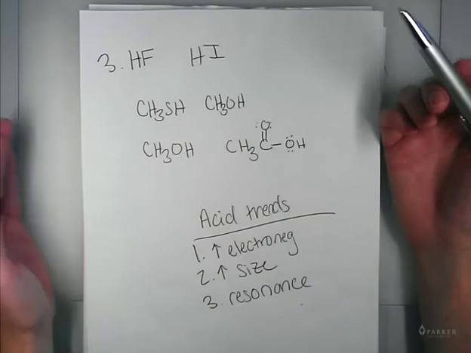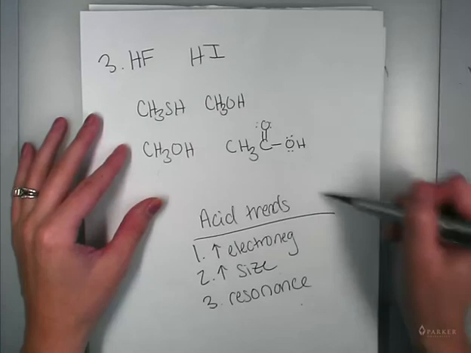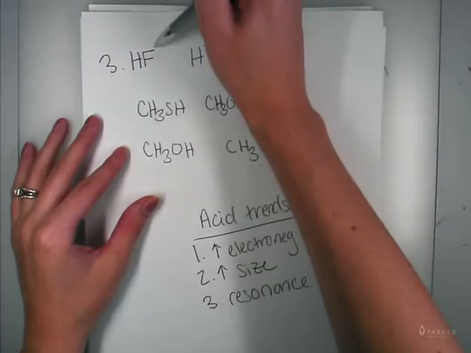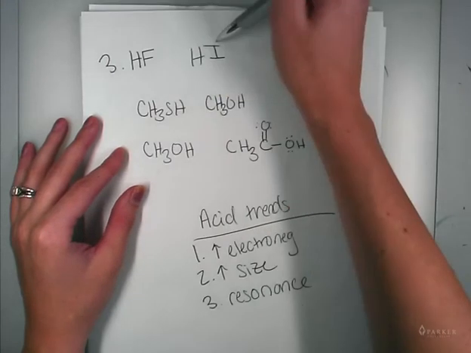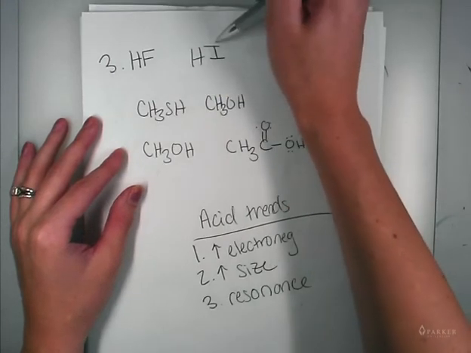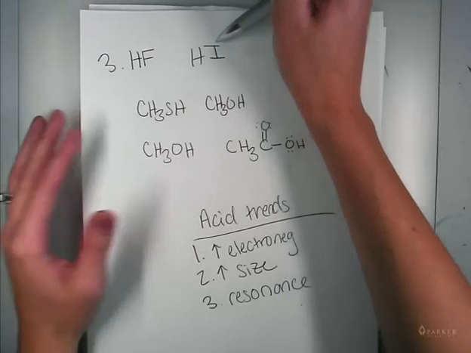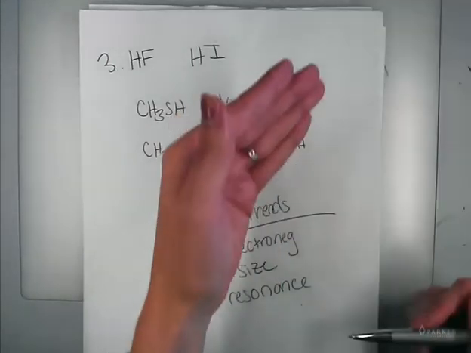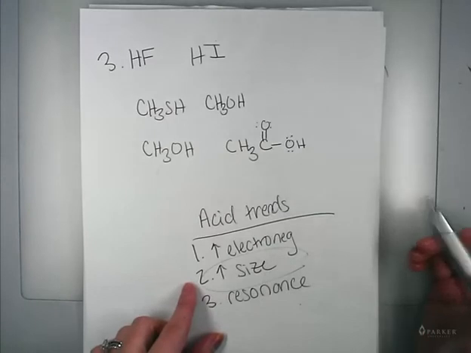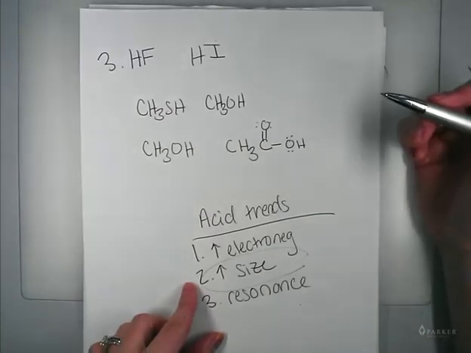Do you see that this is going down a column, Group 7? F is the most electronegative atom, but I is actually larger. So if you're going down a column, that's the time when size will trump electronegativity.